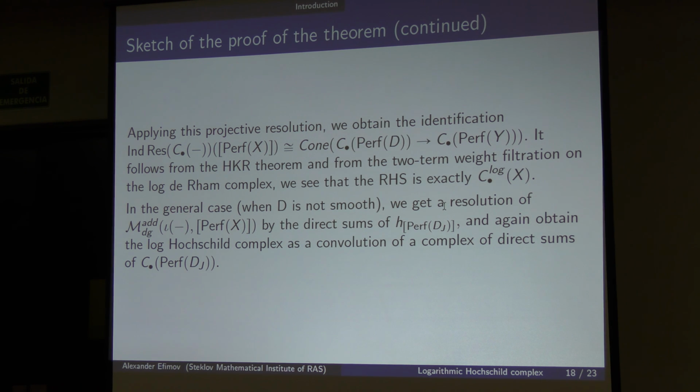And again, when we compute this induction restriction using this resolution, we will get a similar bicomplex consisting of direct sums of Hochschild complexes of these intersections. And again, by the same analysis of the weight filtration, one can check that we will get exactly the logarithmic Hochschild complexes.